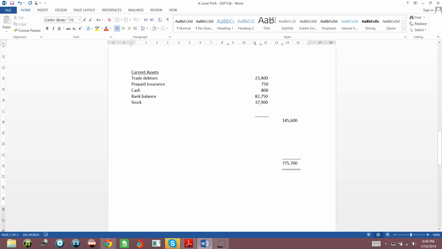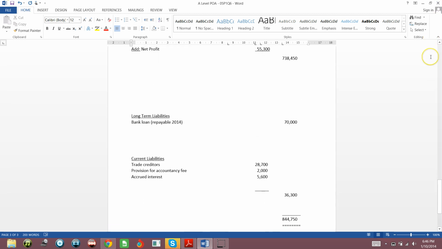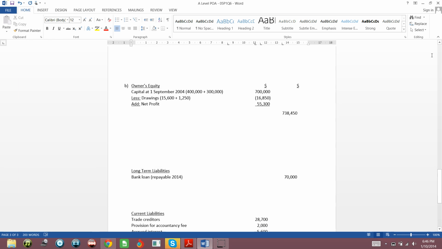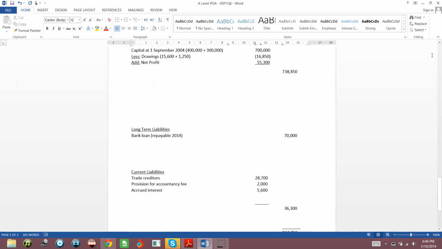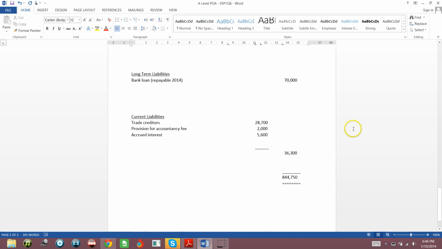Okay, so why is this figure different? Why is this figure different from this figure, 844,750? Oh, okay, so now you should calculate the difference, 844,750 minus 775,700.